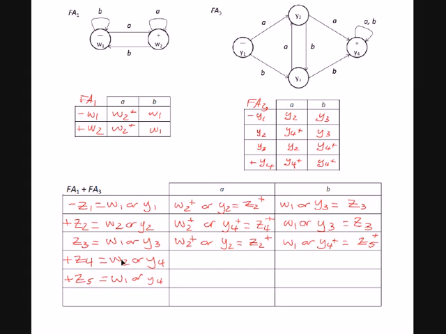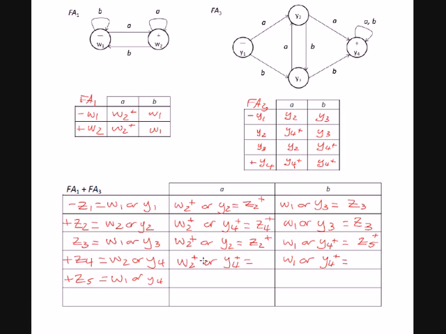We move to the next row. W2, read an A. W2, read an A is W2, which is an end state, or Y4 and read an A. Y4 and an A takes us to Y4 again, which is also an end state. W2, read a B. W2 and a B takes us to W1, or Y4, read a B. Y4 and a B takes us to Y4, which is an end state.